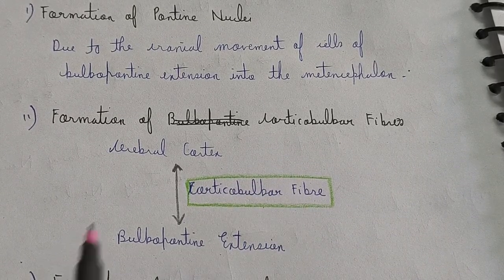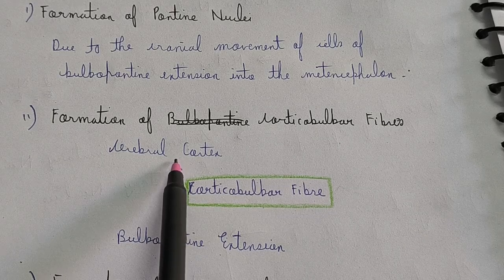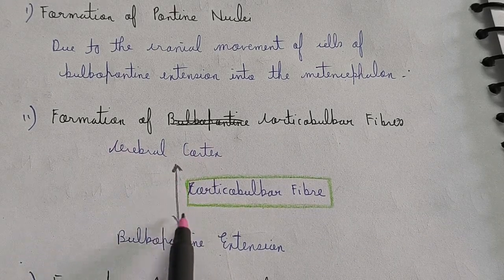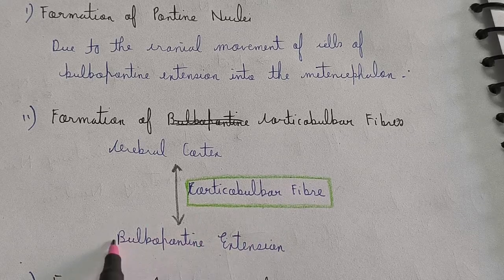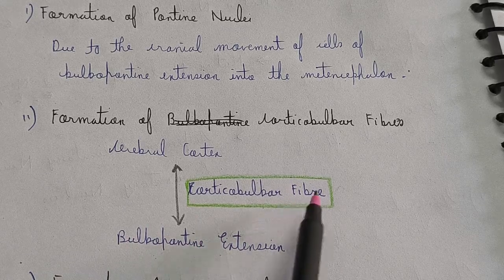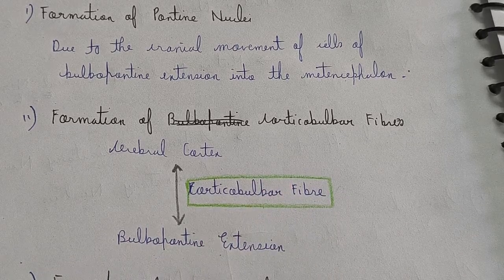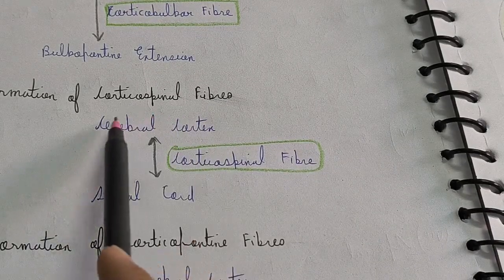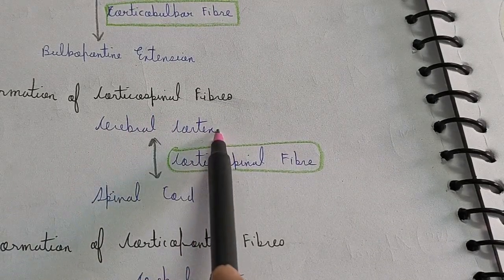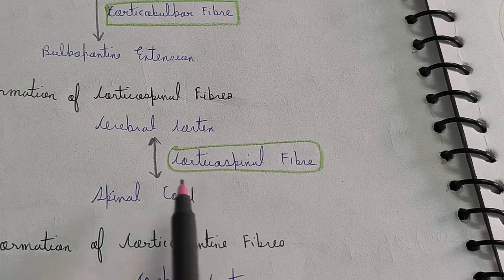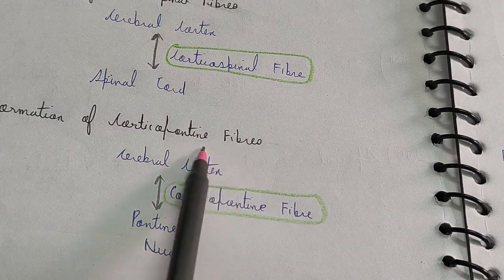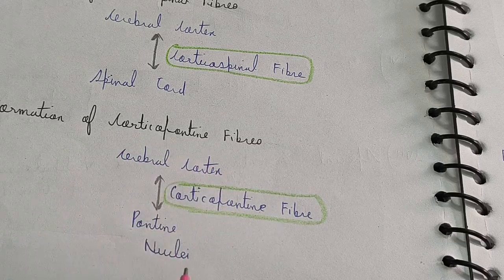Corticobulbar fibers are nerve fibers originating from the cerebral cortex and migrating into the bulbopontine extension. Similarly, corticospinal fibers originate from the cerebral cortex and terminate in the spinal cord. And corticopontine fibers originate from the cerebral cortex and terminate in the pontine nucleus.